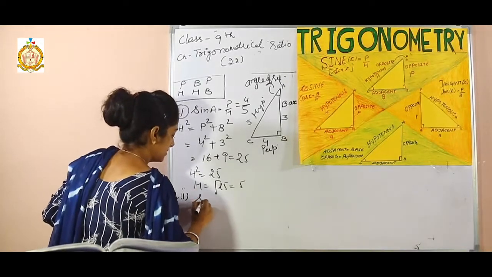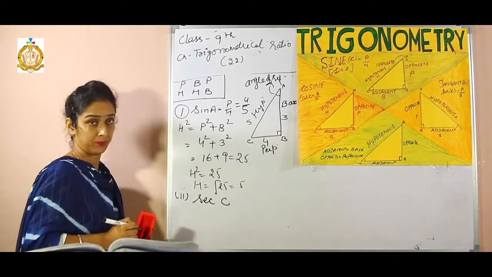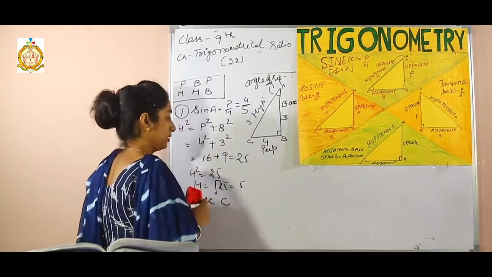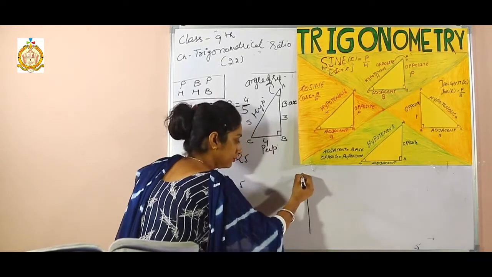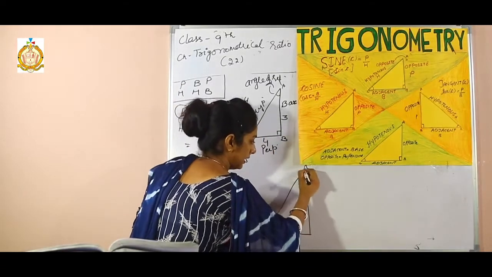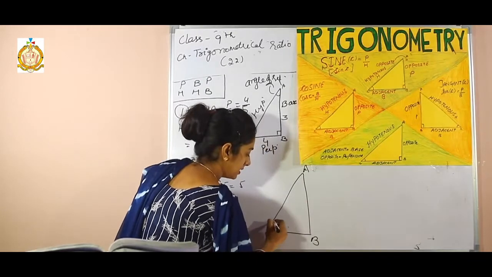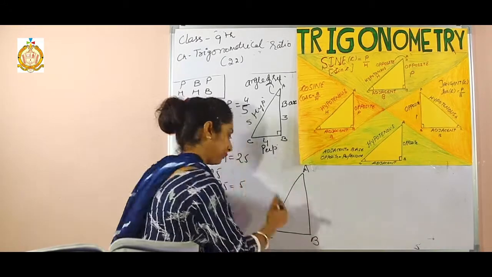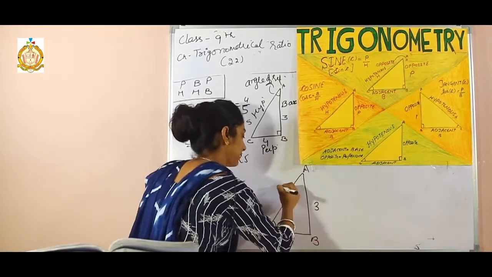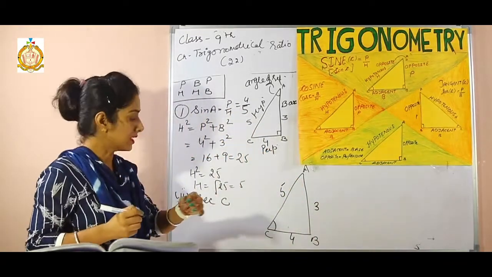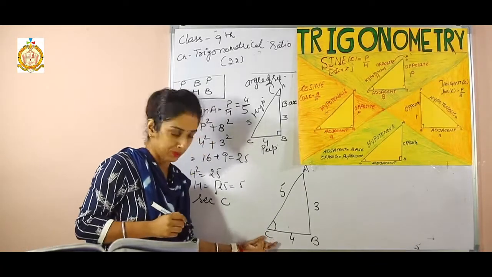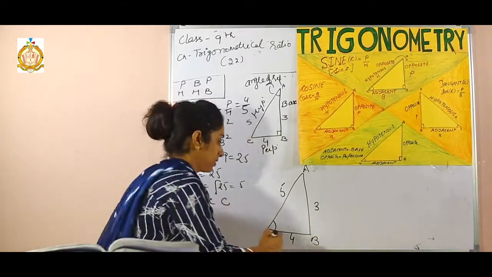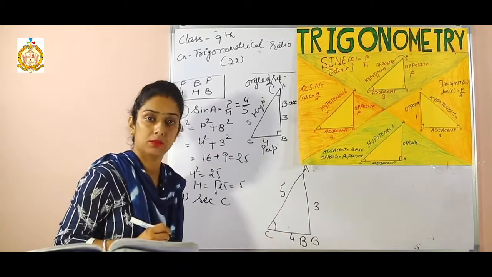Second part, secant C. Firstly we have to find A, now C. Now again I make a diagram for your clarification. A, B, C. This is the angle of reference. Now this side is 4, this side 3 and this side is 5, right? Now see, C is the angle of reference. Now what is the base? Base is BC.